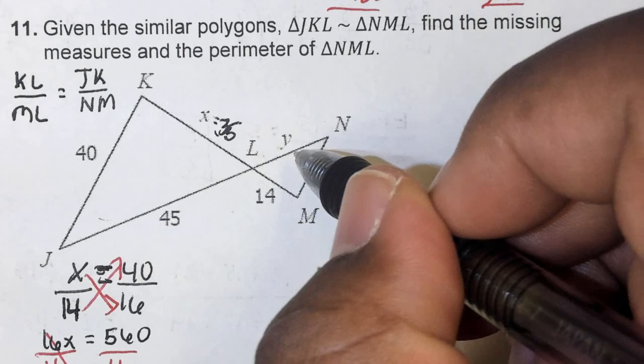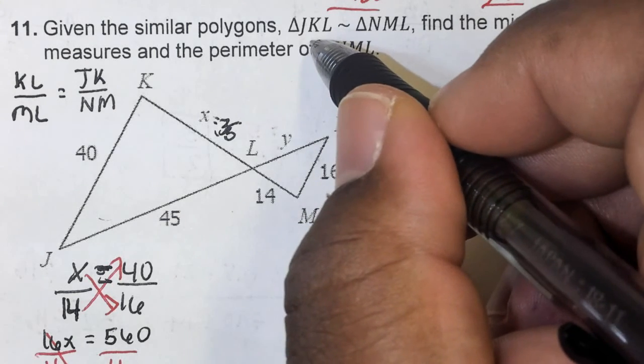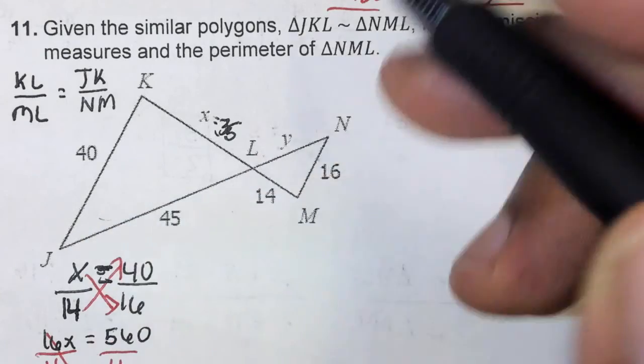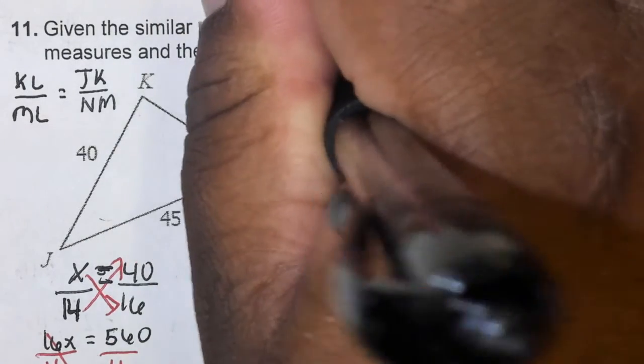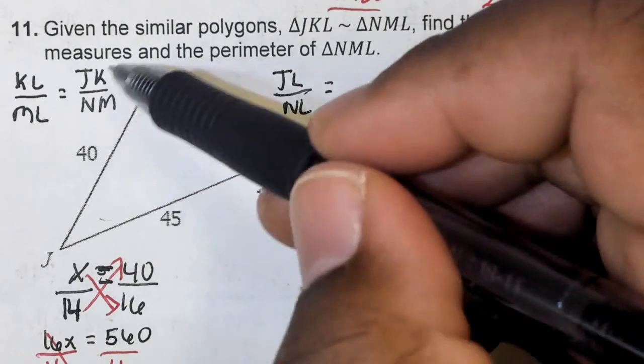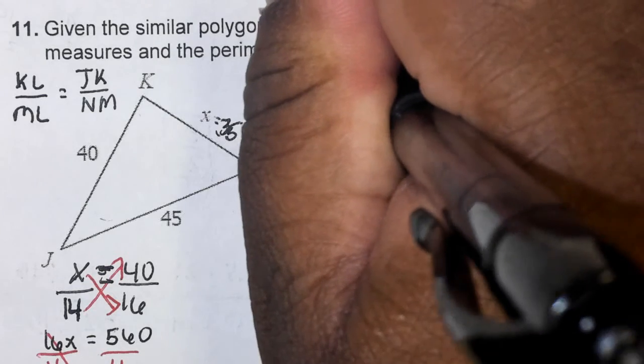So Y is on NL. NL matches up with JL on my first triangle. So when I write this, it should be JL over NL equals, and like I said, I can use the same ratio I had for the last one on the other side, JK over NM.